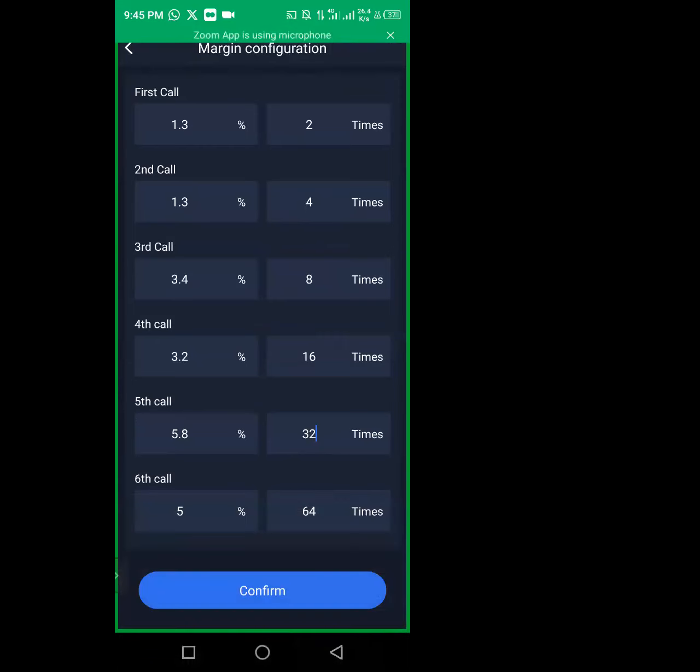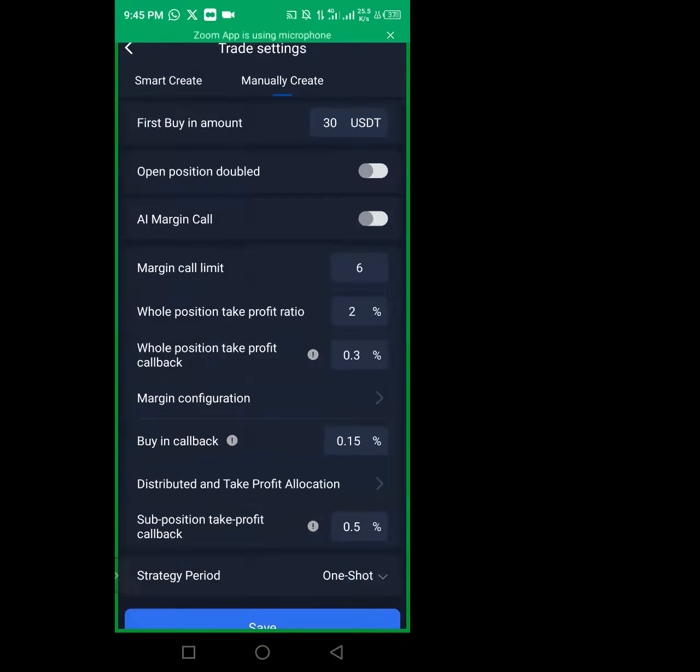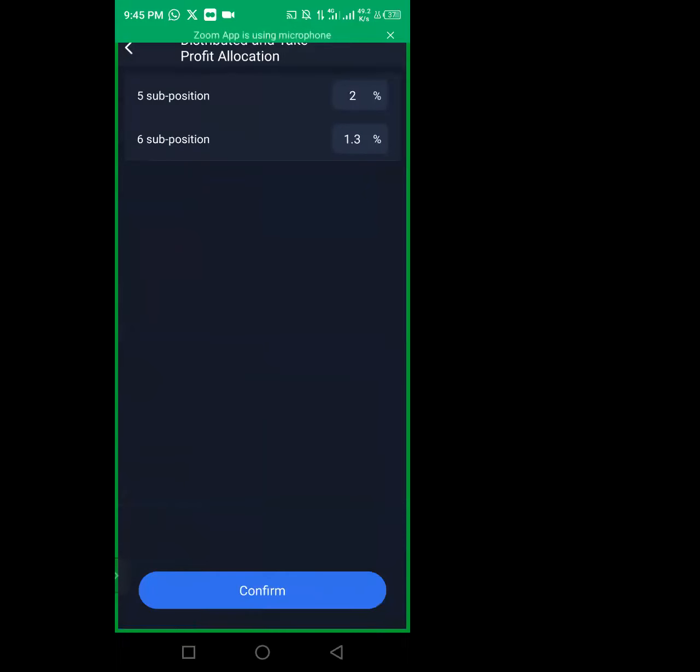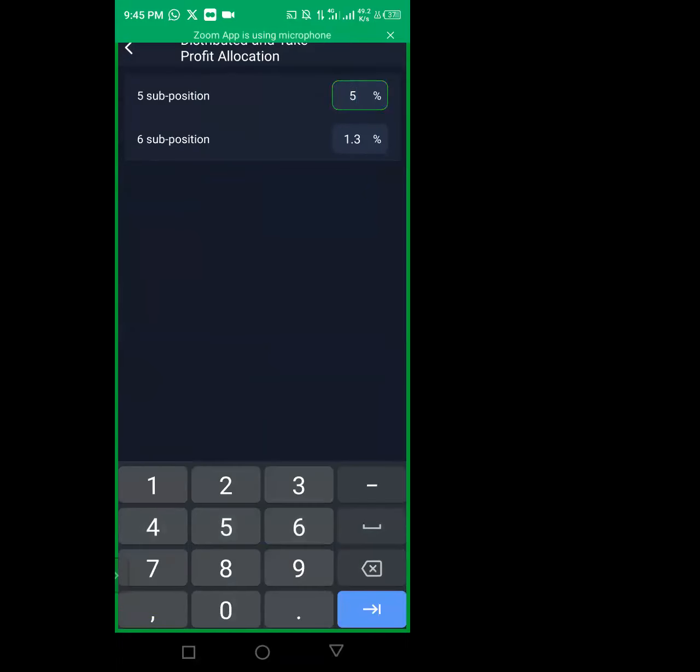Others use 11, 11, 11, 11. But when it gets to the fifth call, your robot uses $50 to buy it. Now you set 5%. So what will be your profit when the robot sells your fifth margin call? What will be your sub-bin real-time settlement profit on the fifth call?